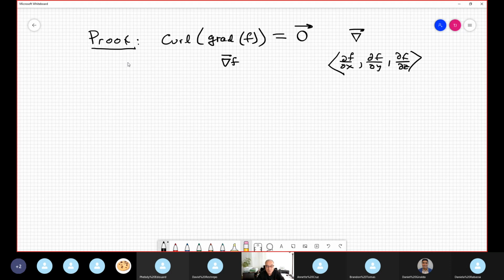Okay? Now, nabla is this hypothetical vector, if you multiply by the function f, which is scalar, so you put it here, here, and here. No dot product. If it is dot product, it is divergence. So this is divergence.